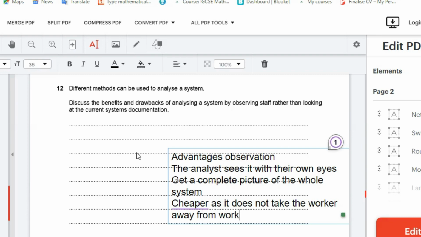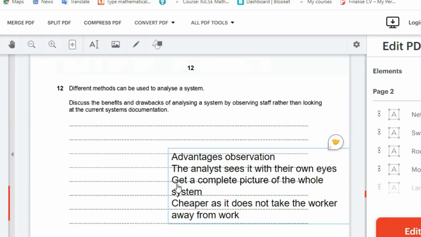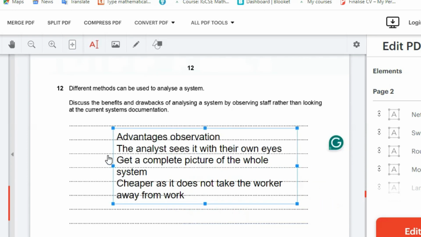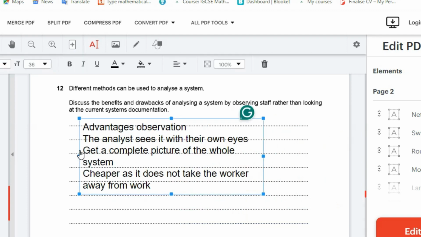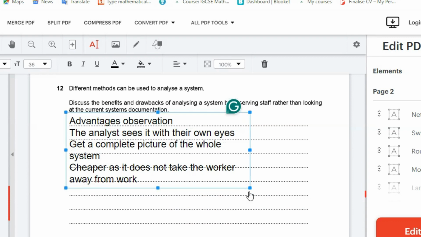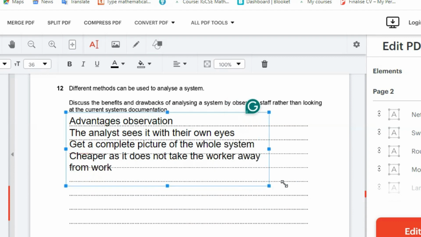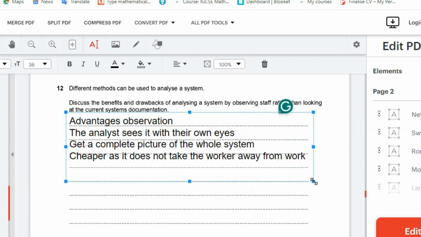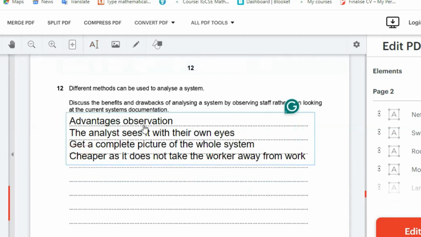All right. So now let's look at examining documents. That is, the advantages of examining documents and not just observing workers.